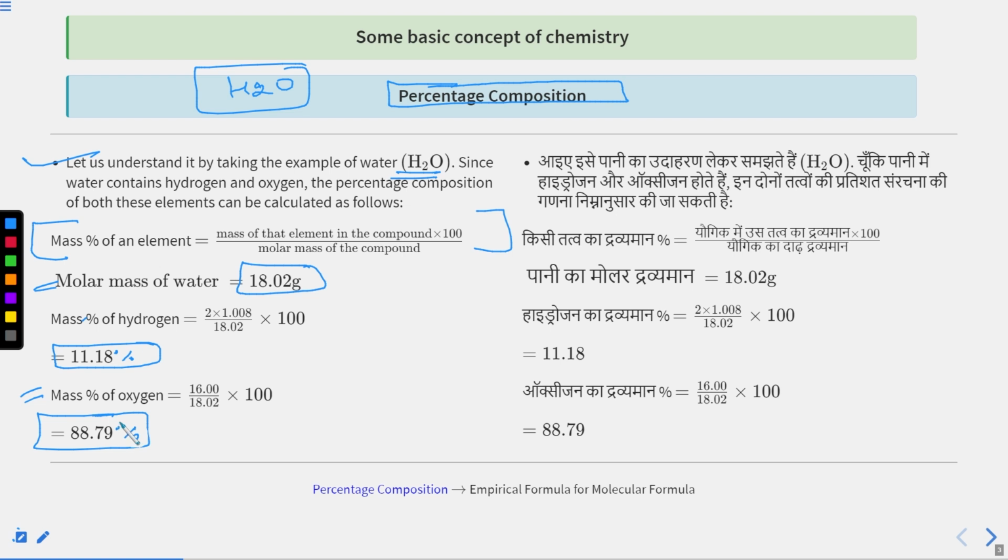So the mass percentage of oxygen is 88.79%, and the mass percentage of hydrogen in the water molecule is 11.18%.